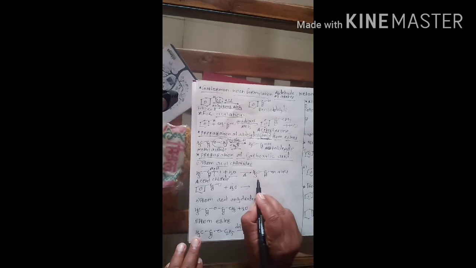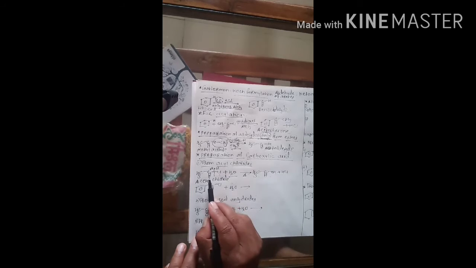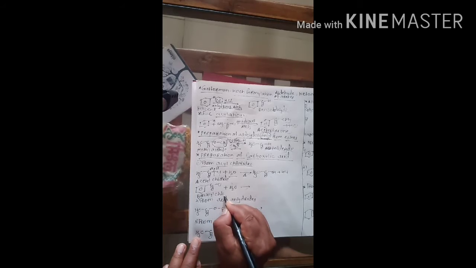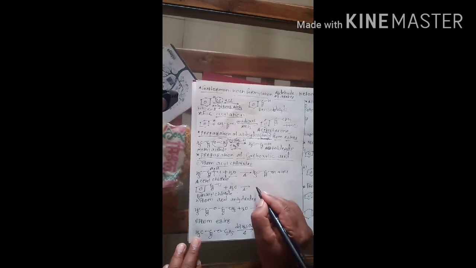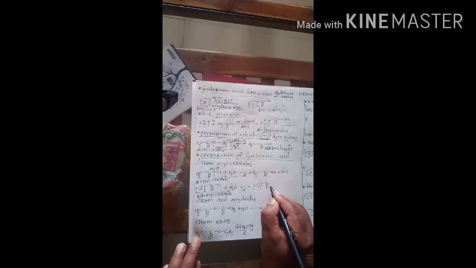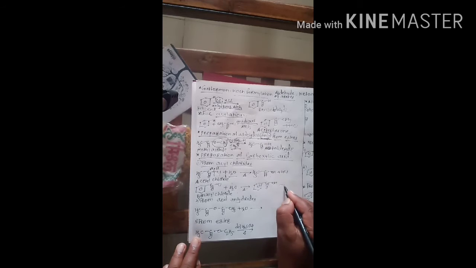So we can prepare the corresponding carboxylic acid by using acid chloride. If we take benzoyl chloride, then benzoyl chloride on hydrolysis gives benzoic acid. So C6H5COOH plus HCl. So we get benzoic acid as product.